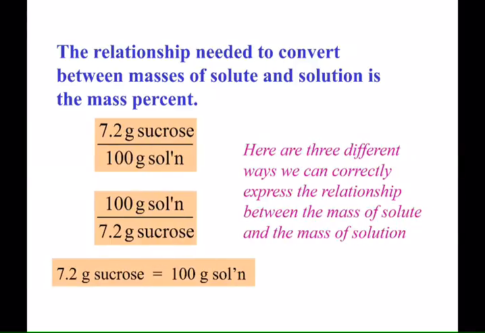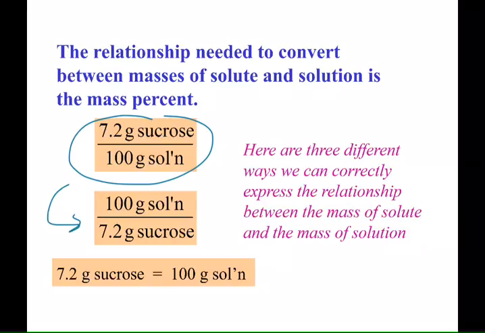I should never see the 7.2% in a problem as you're working it. It should always be unpacked into one of these explanations of what 7.2% sucrose by weight means. Notice these are related by flipping. This one and this one are the same thing, we're just flipping it.